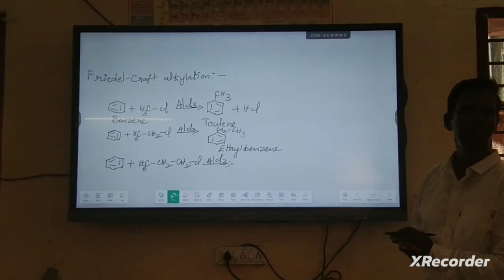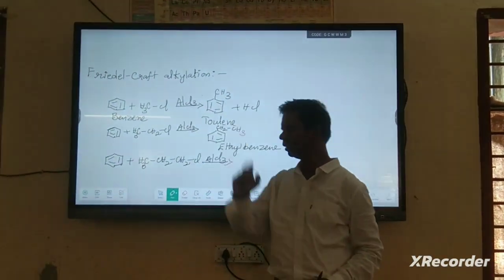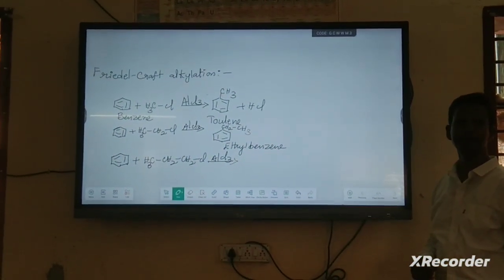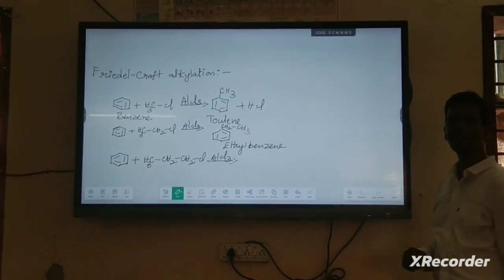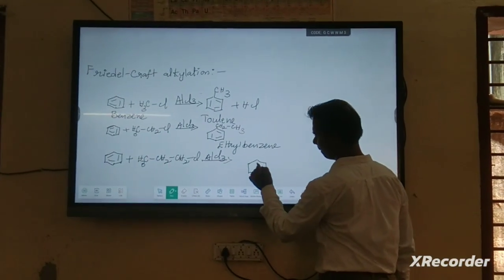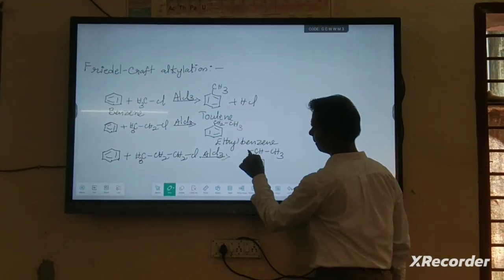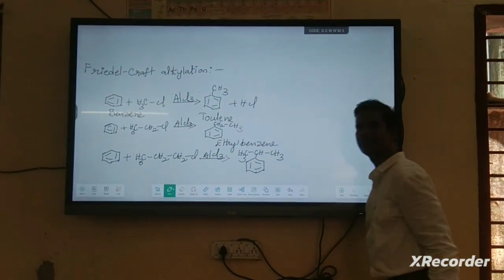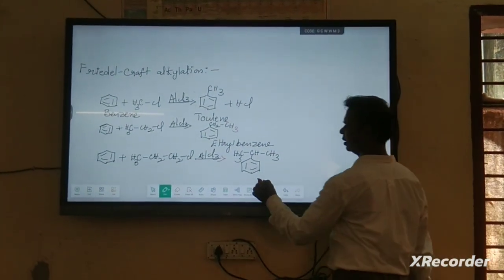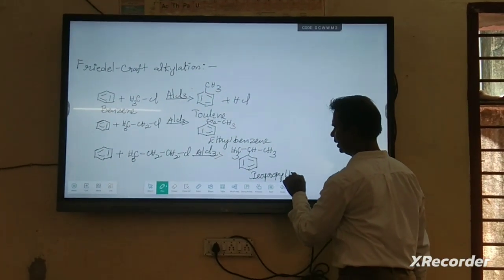NEET students, what is the product where benzene reacts with the propyl chloride? Isopropyl benzene.